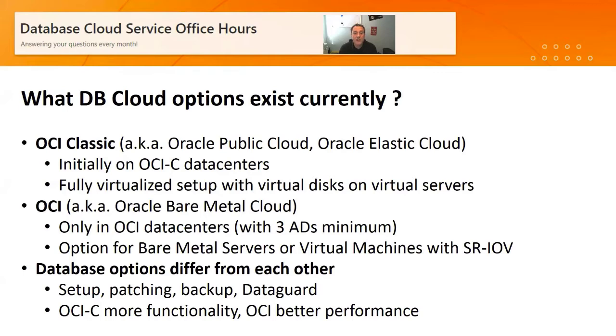There was no Java as a service available on OCI. Database options differed. So on one you had RMAN on Bare Metal, but not RMAN on VMs. That was on OCI. And on OCI Classic you have RMAN on VMs, but you have to set it up before you create the instance. And on OCI you can do it afterwards, and so on.